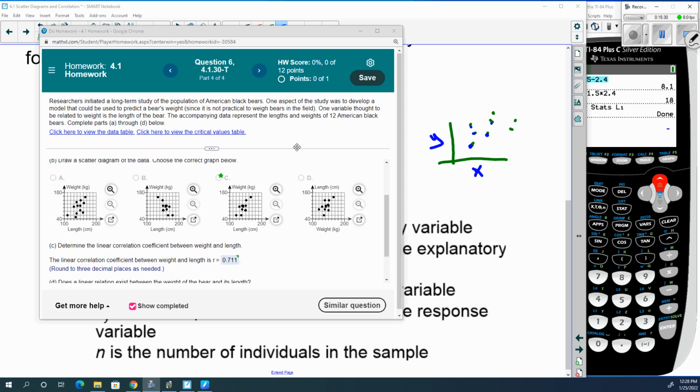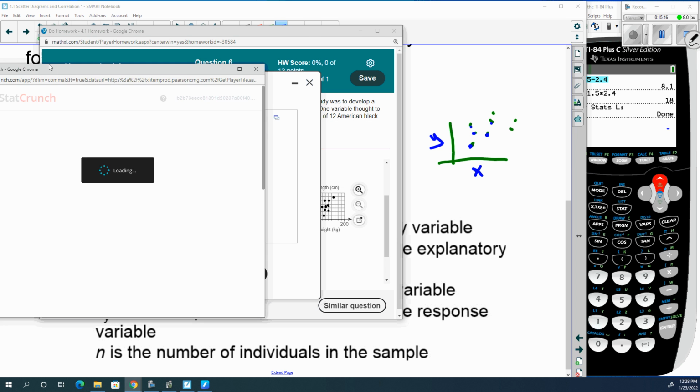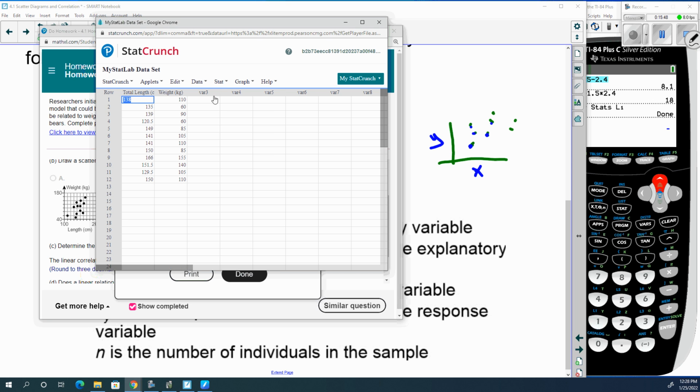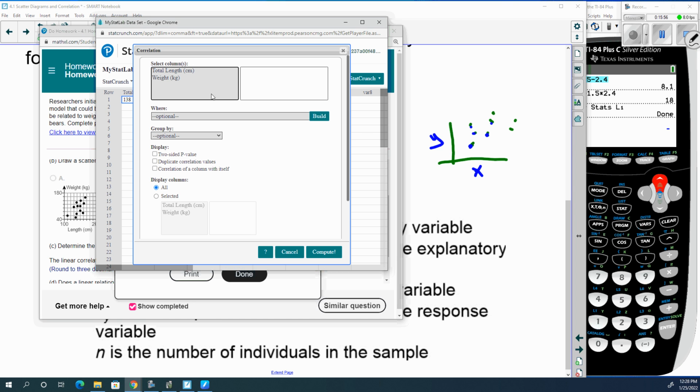Okay, so I found a problem from your 4.1 assignment, and part of it says find the linear coefficient. To find that correlation coefficient, you take your data and open it in StatCrunch. Then I go to Stat, Summary Stat, and instead of columns, I come down to where it says correlation.